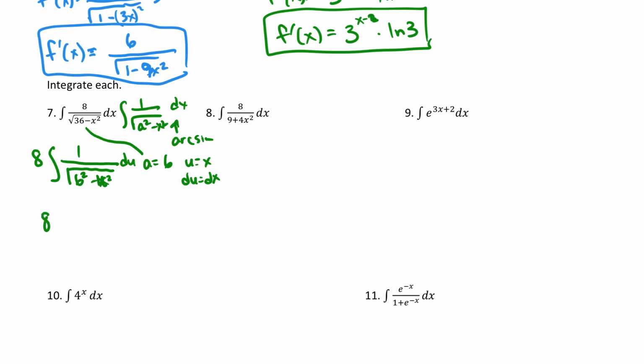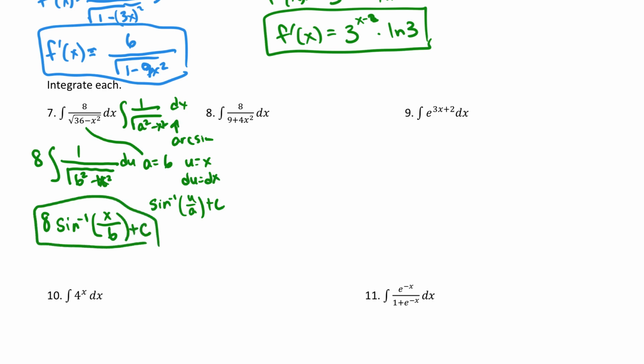So now I know that this is the arc sine. According to the formula, I have the arc sine of u over a plus c. There's various ways of learning the formula. This is the way we did it in class, so then I just plug this in. So 8 arc sine of u, which is x, over a, which is 6, and then plus my c.